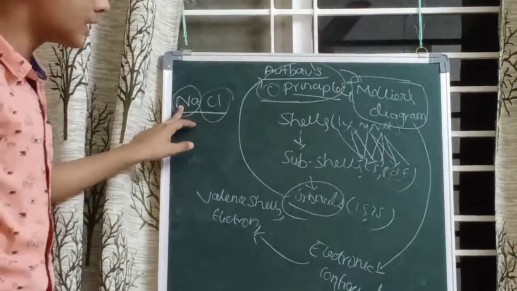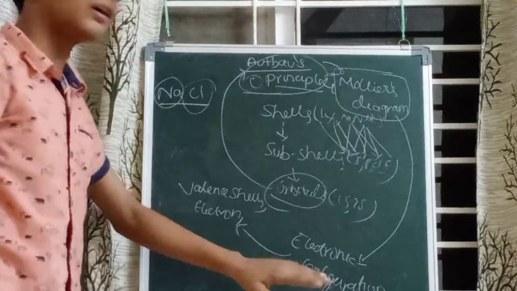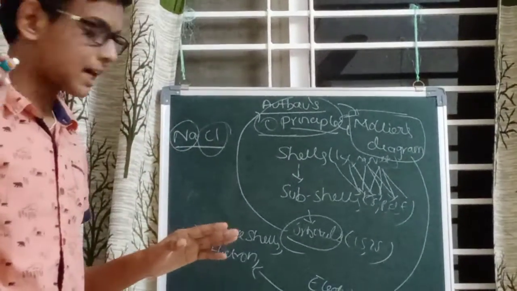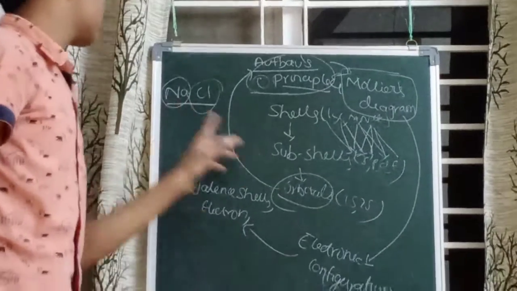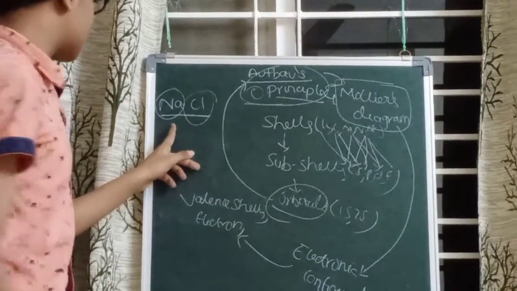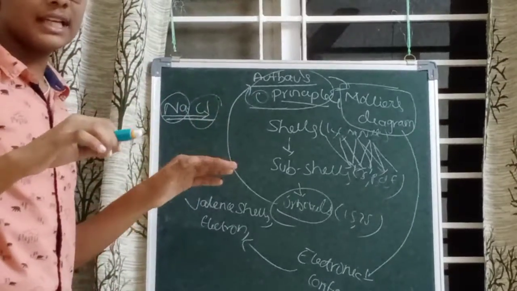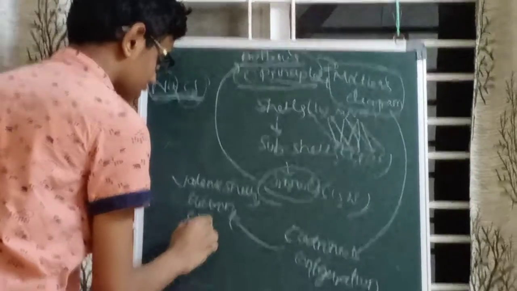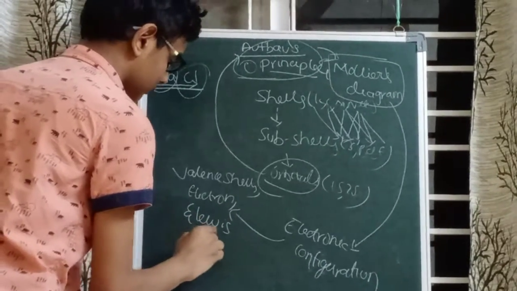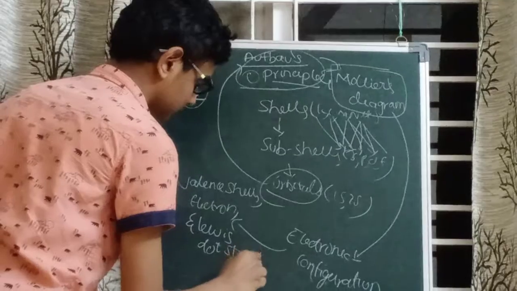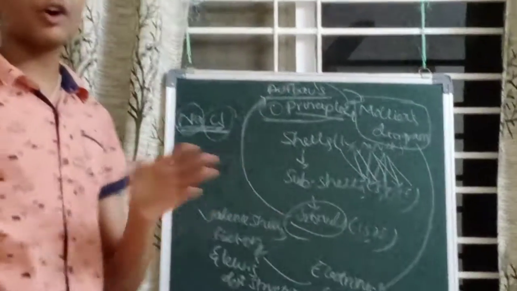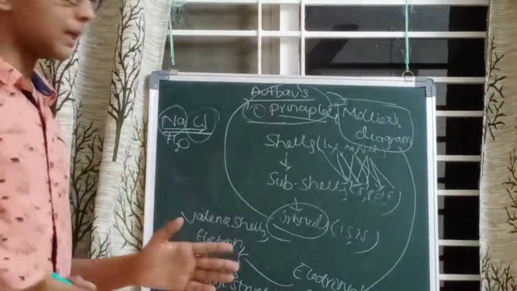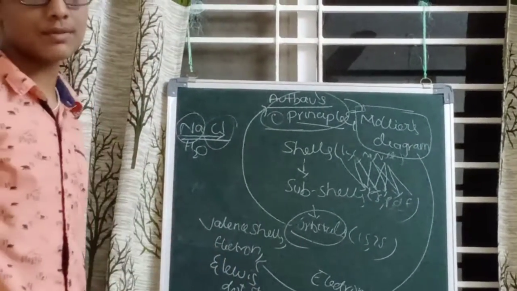No need to learn this by heart, because if we learn the electronic configuration perfectly, we can say it just by practicing. And this electronic configuration helps us form the bond very easily, and it is also helpful for the Lewis dot structure. When we are asked to draw a bond for NaCl or H2O, we need not worry, because the electronic configuration will help us much.